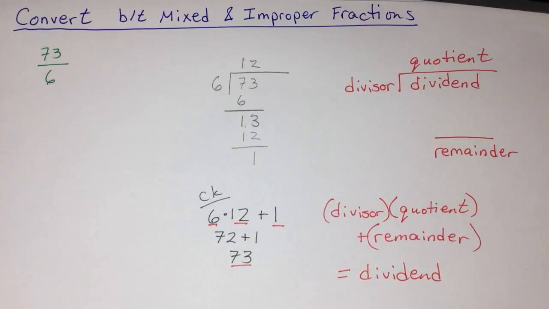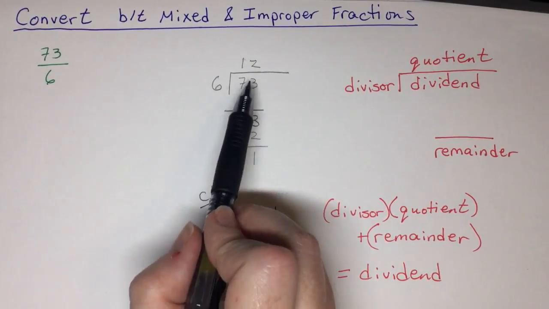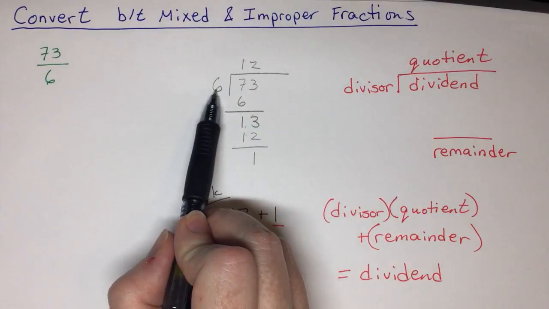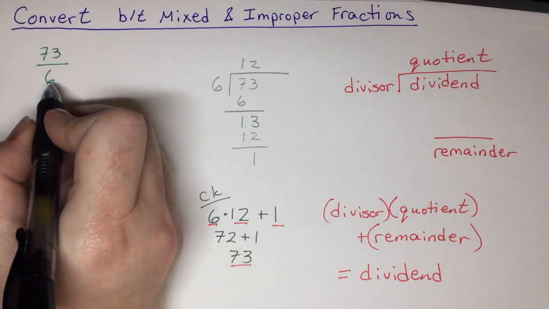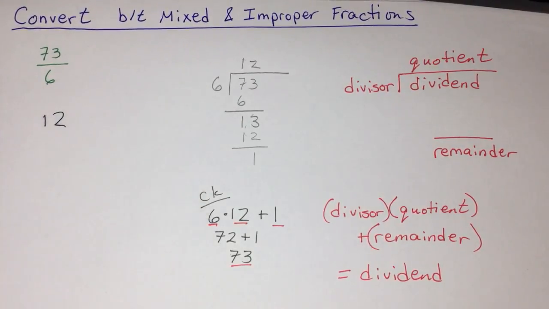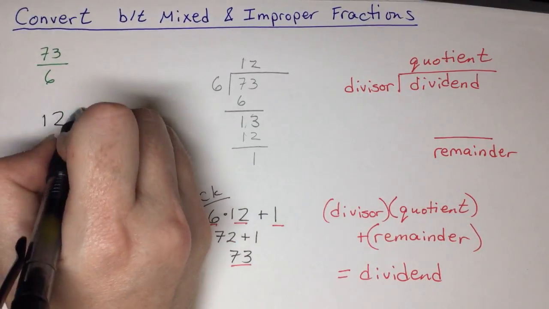So, 73 divided by 6. 6 goes into 73 12 times. So 73 divided by 6 is 12, but then with a remainder of 1.